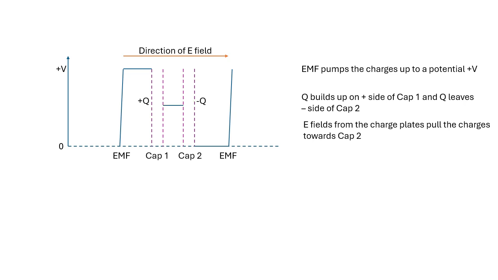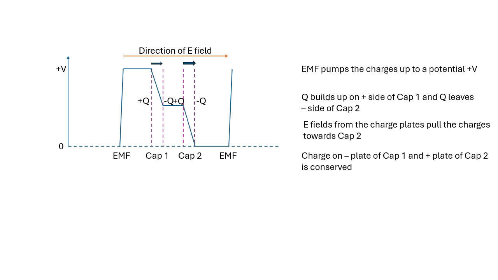This will happen until there is no longer a potential difference between them. This happens when Q leaves capacitor 1 and arrives at capacitor 2. So it means that every plate in our capacitor series has a charge of plus or minus Q on it.